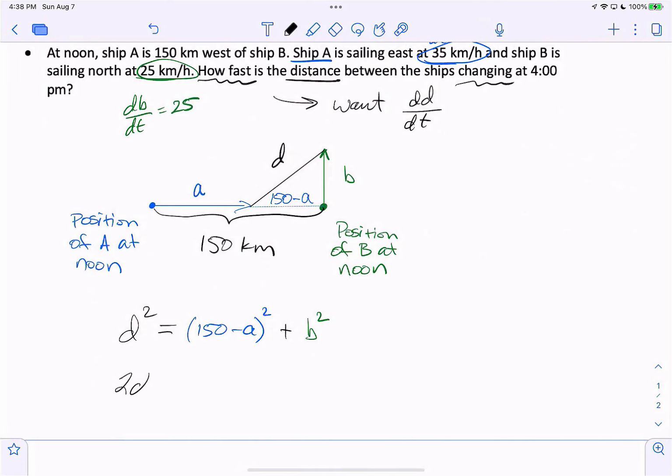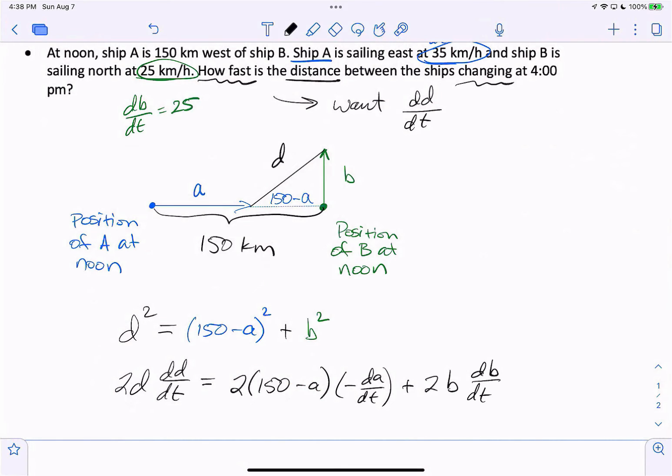So I've got 2D dD/dt. That's basically implicit differentiation. The chain rule is coming out. Is equal to 2 times (150 minus A) times negative dA/dt. The derivative of the inside function does come with a negative. Plus 2B dB/dt. I see that all the 2's are going to divide out, and that's cool.